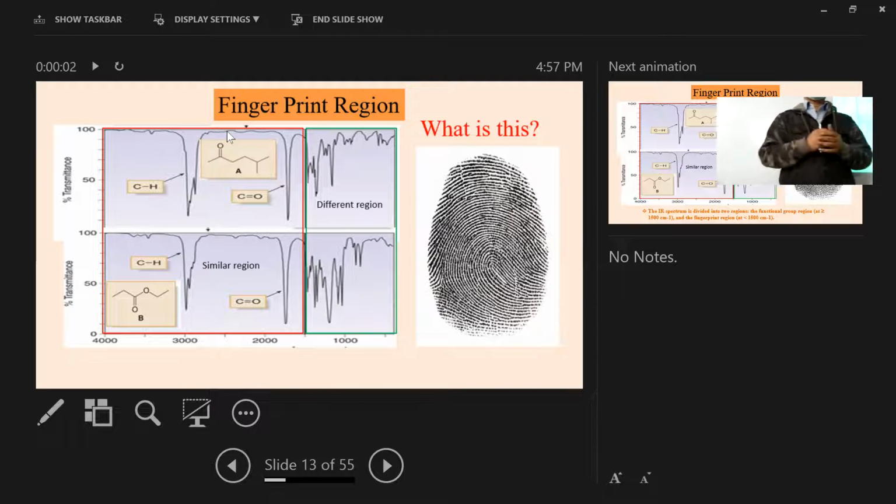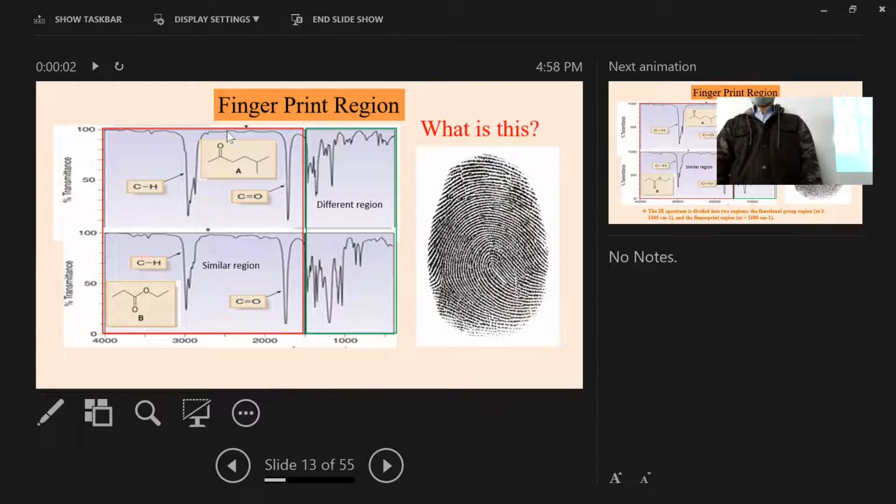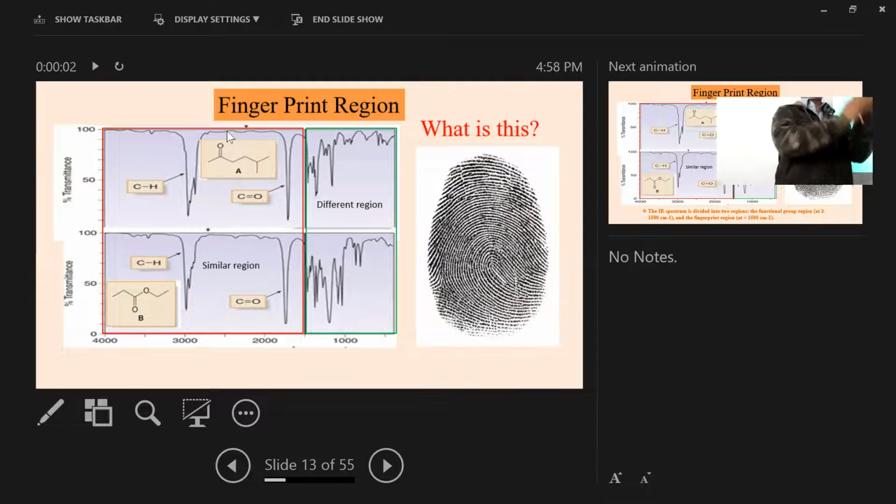So using infrared spectroscopy, first of all, we can understand what types of functional group are present in the molecule. Then, if we have the chance to take the infrared spectra in this region, that means 500 to 1500 wave number, that is very crucial for identifying any molecule. That would be very different from one molecule to another.